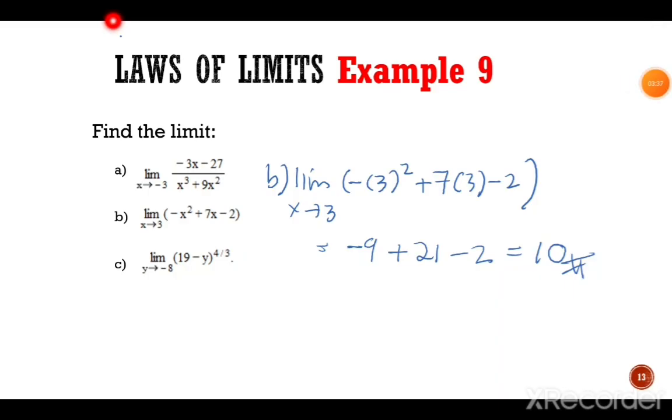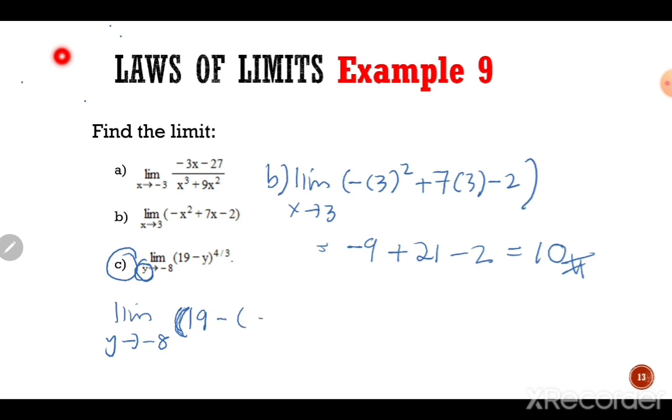Okay, then we proceed to C. C pun sama je. Limit C ni careful it's Y. Sama je. Variable dia guna ni, dia nak tukar angin, dia guna Y. Y approaching -8. So we have here minus 19 minus mana? 19 minus with Y kita adalah -8 kuasa 4/3.